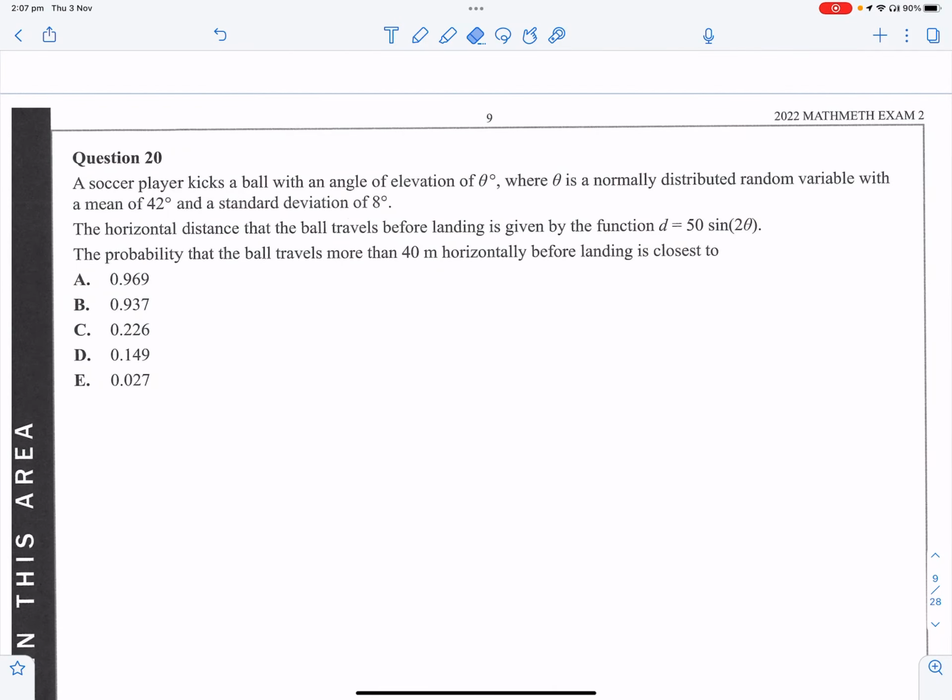Okay, a soccer player kicks a ball at an angle of elevation of theta degrees, where theta is normally distributed with a mean of 42 and a standard deviation of 8. The horizontal distance the ball travels, probability that ball travels more than 40. What the hell is this?